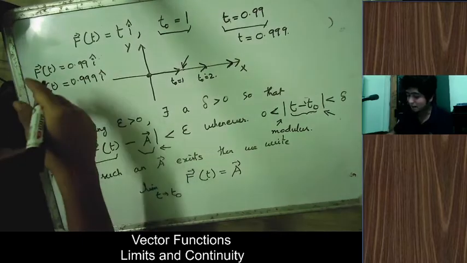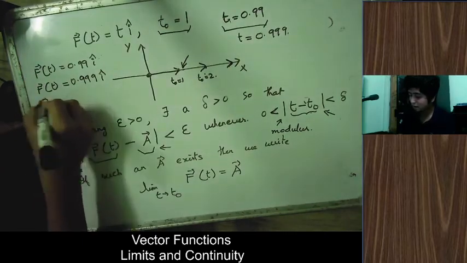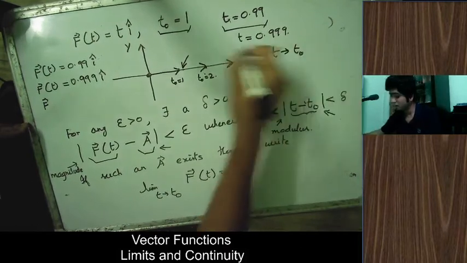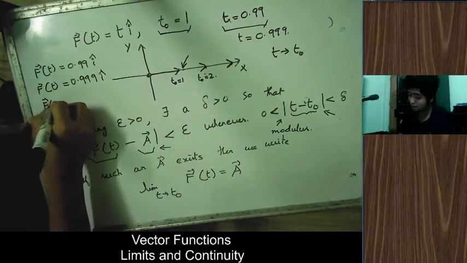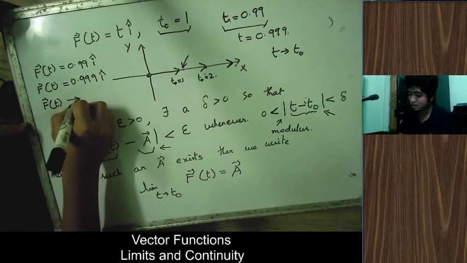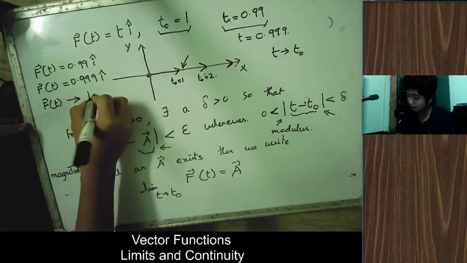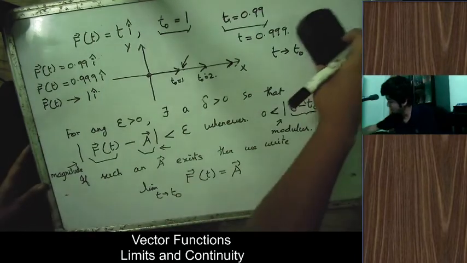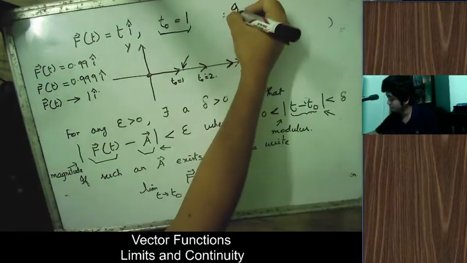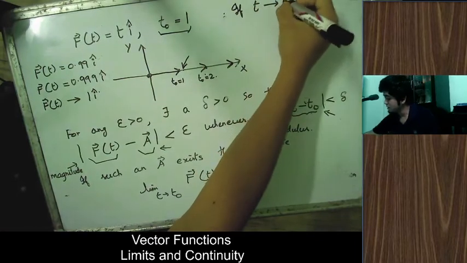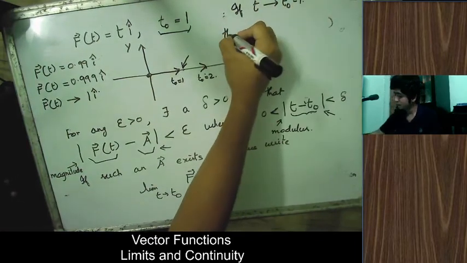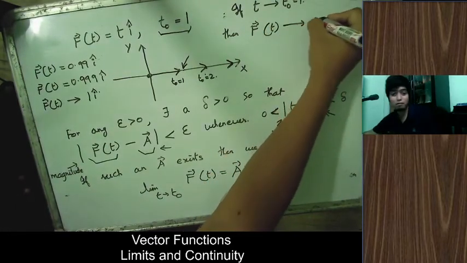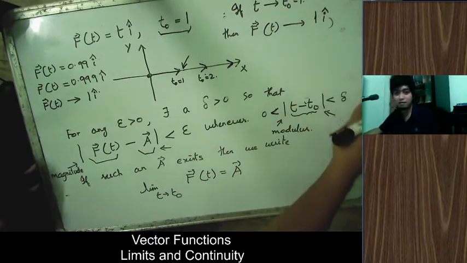So based on this pattern, we can see that if t approaches t naught, which is 1, then f(t) approaches 1i. I can write down over here: if t approaches t naught equal to 1, then f(t) approaches the vector 1i.